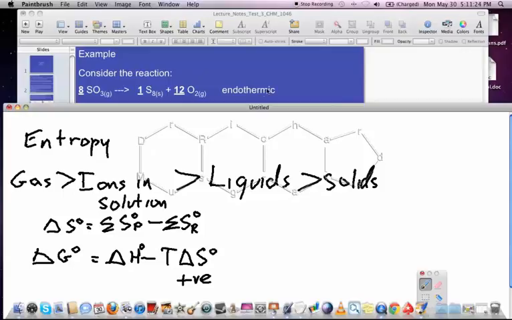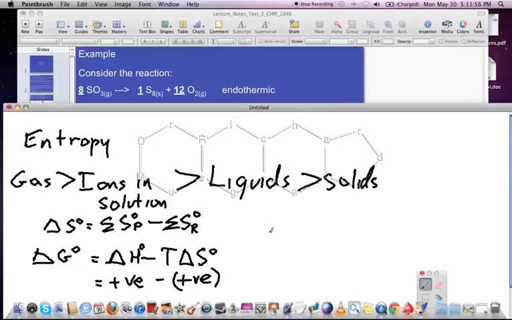Now, looking also at the reaction, we're told that the reaction is endothermic. Endothermic means delta H is going to be positive as well. Now, since temperature is always positive, what we're looking at is a situation where we're going to subtract a positive value from a positive value. Now, it turns out that if temperature is large, then this positive value will also be large, which means delta G will be negative.